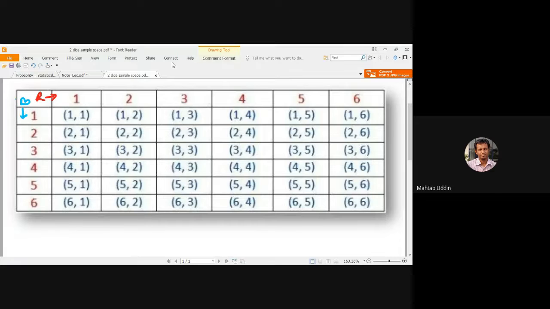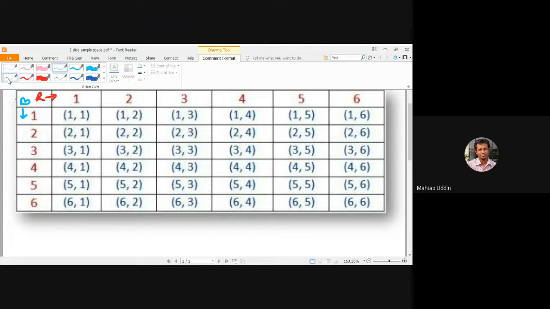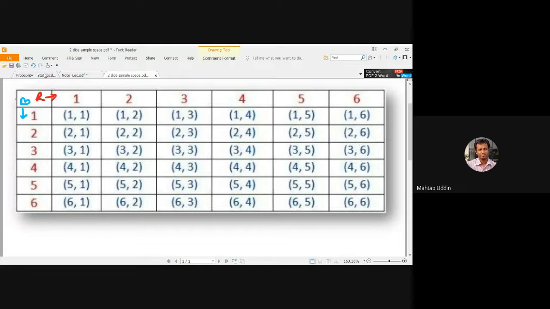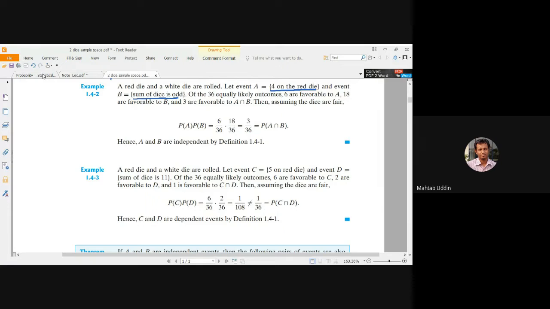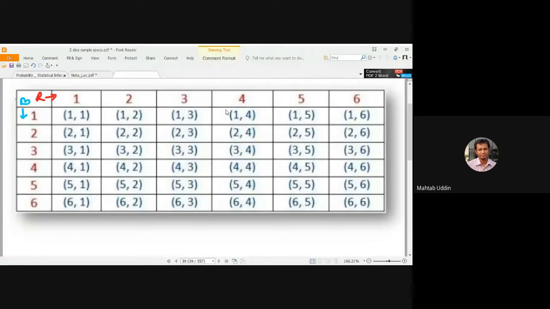Now first we have to show the red die. 4 on the red die, set A. So what is the 4 on the red die? It is this, right? This is the 4 on the red die. So how many elements in A?